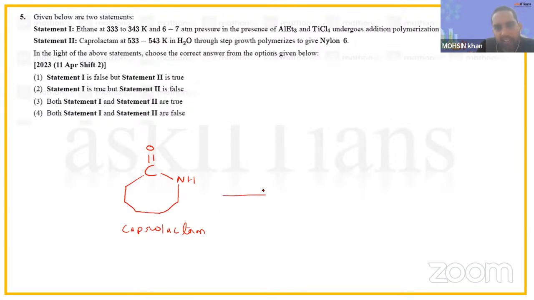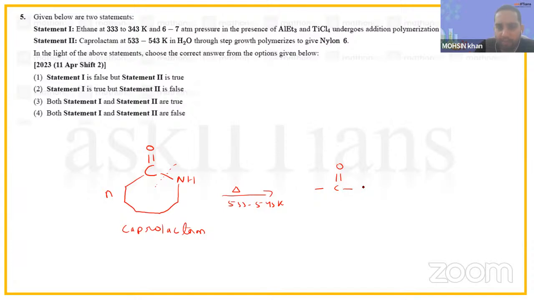When we heat it at 533 to 543 Kelvin, what happens? This bond will break and we get C double bond O. We are taking n molecules of it.